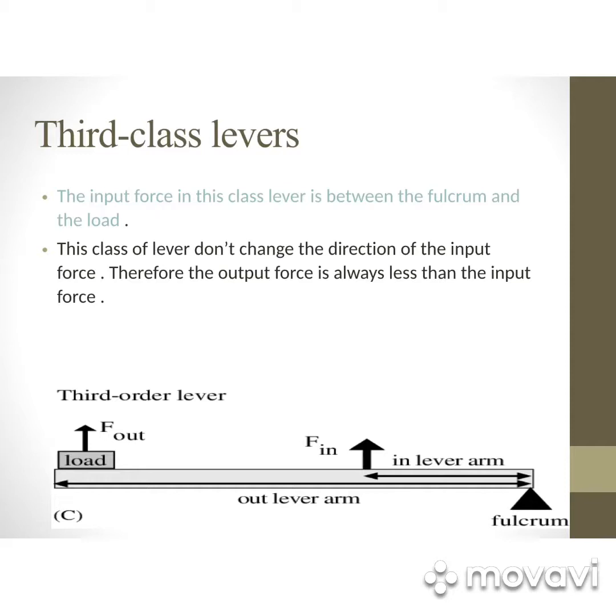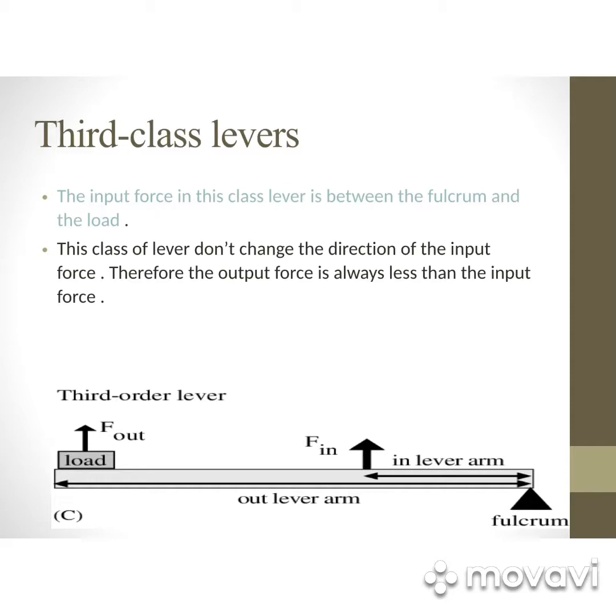Now, it is very important to know that this class of levers does not change the direction of the input force. Therefore, the output force is always less than the input force. The diagram below illustrates the whole idea behind it. You can see the load on one side, the fulcrum on the other part of the diagram, and the input force in the middle.